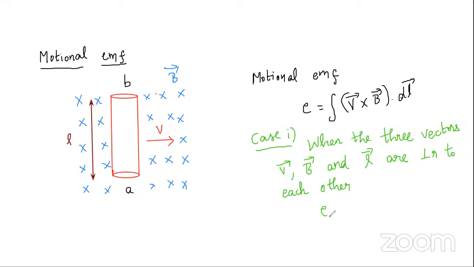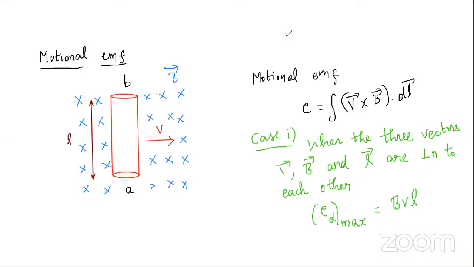This is otherwise called dynamic EMF. So E suffix D has the maximum value, equal to BVL. Case 1: when the three vectors V, B and L are perpendicular to each other, the motional EMF or dynamic EMF has the maximum value equal to BVL.